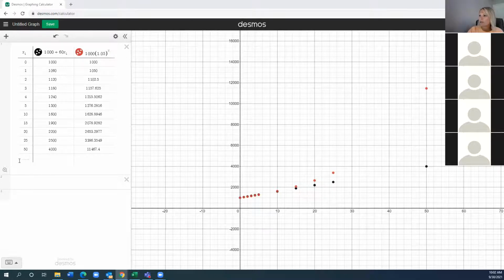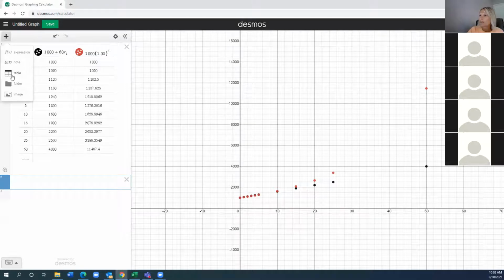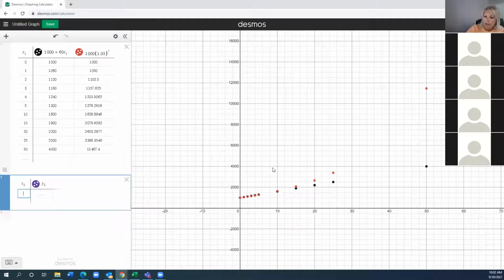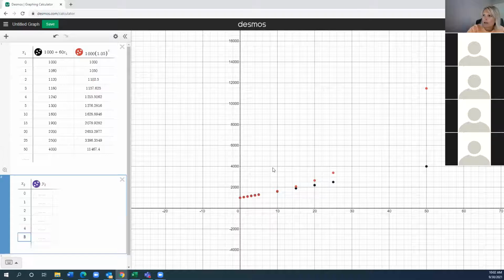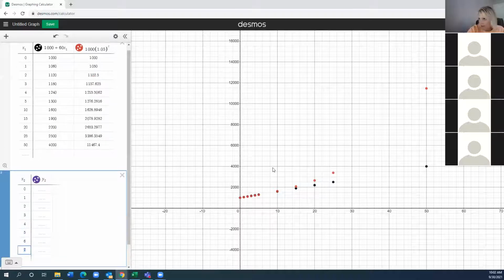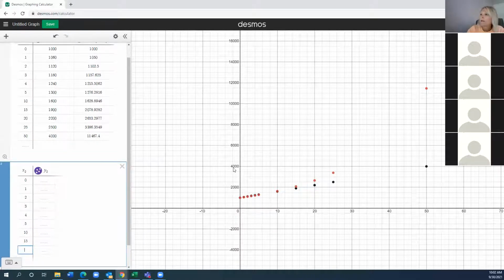Now, just 1 minute here. I'm going to go down to 2 and I'm going to enter in data. I'm going to enter this data that I have. I'm going to put in 10 and 15. And then I'm going to manually enter this data. I'm not going to use an equation like I did up above.